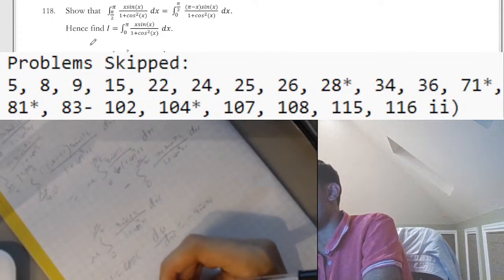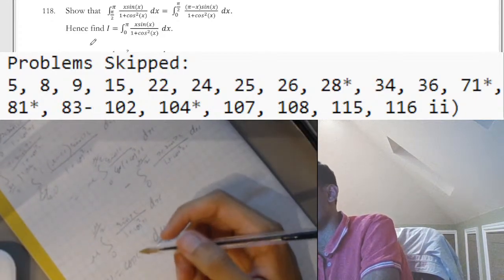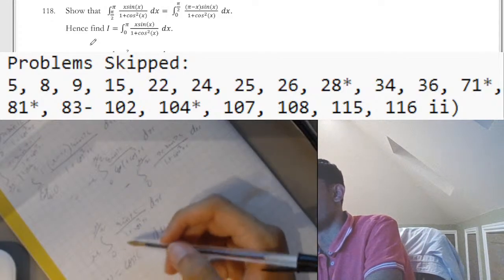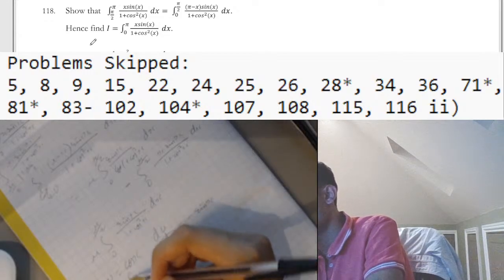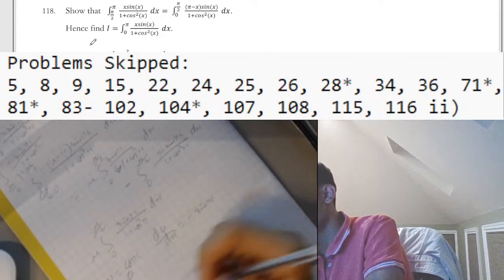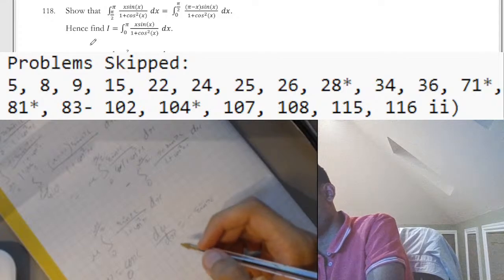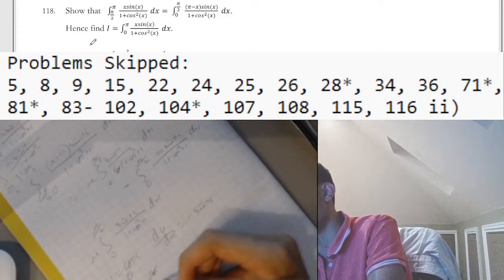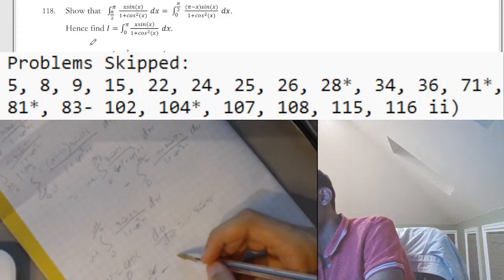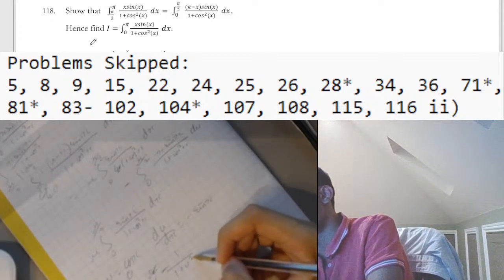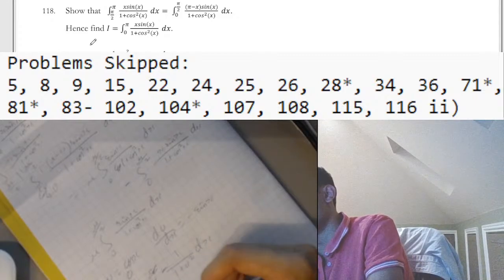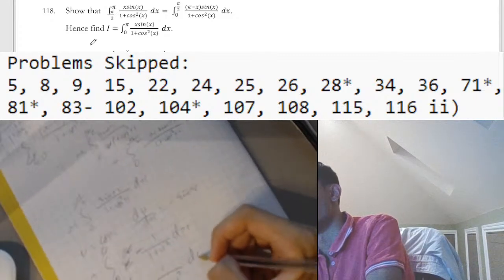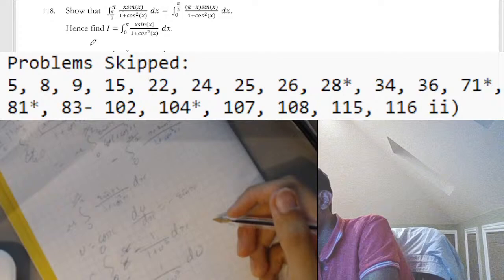The limits: cos of pi over 2 is cos 90, which is 0, and cos 0 is 1. Then you have the integral from 0 to 1 of 1 over 1 plus u squared du.